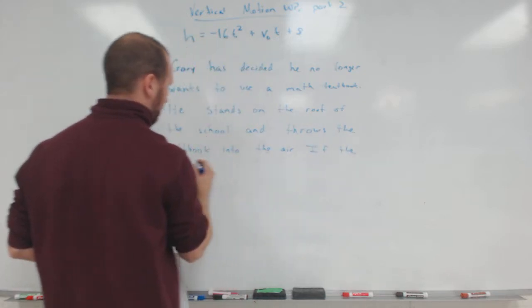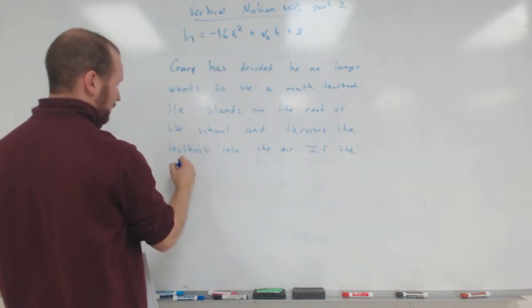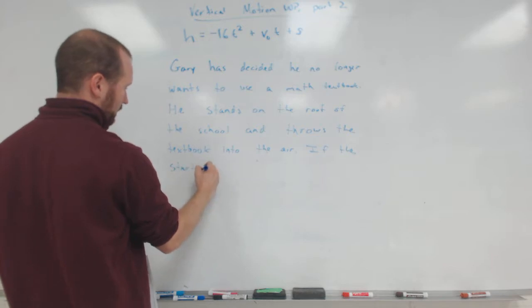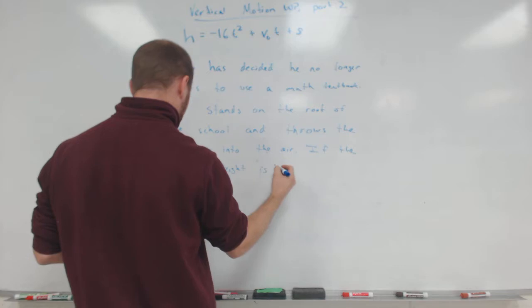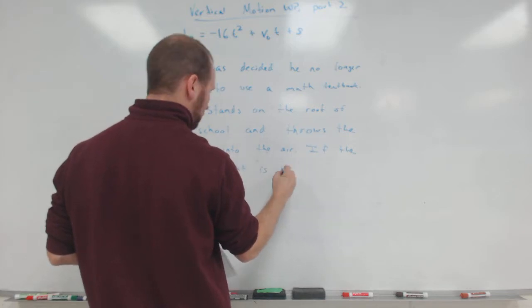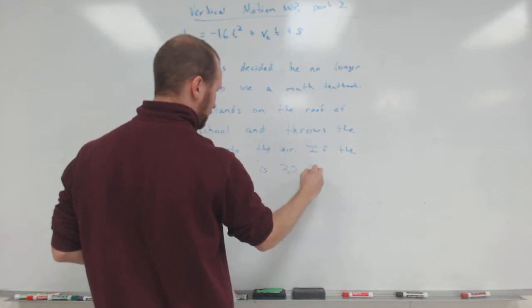If the starting height, so the roof, right, is 32 feet.